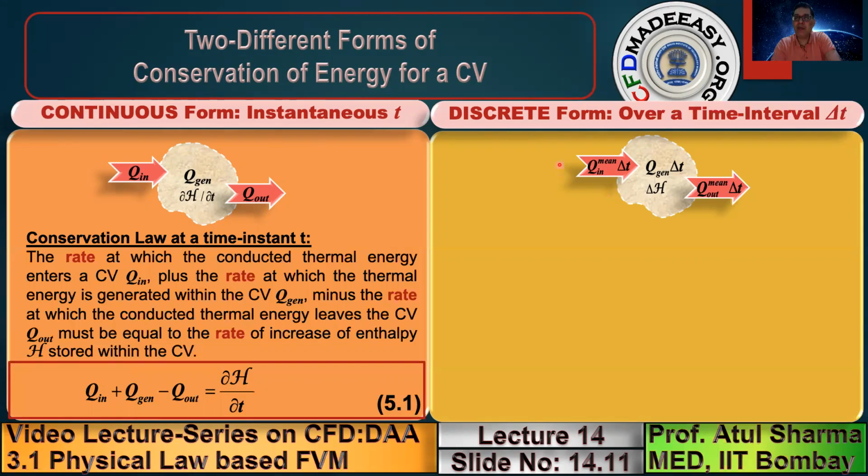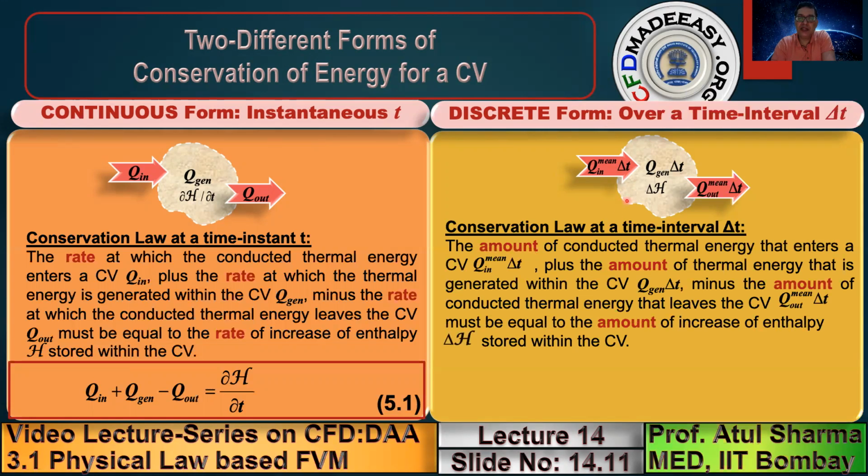So I have written the amount of heat as a product of the rate of heat transfer and the time interval, and the rate of heat transfer I am representing by a time averaged value. So the statement being used here is: the amount of conducted thermal energy that enters a control volume plus the amount of thermal energy that is generated within a control volume minus the amount of conducted energy that leaves the control volume must be equal to the amount of increase. Note the highlighted word rate in one statement and amount in the other.